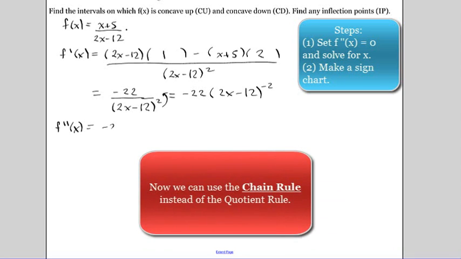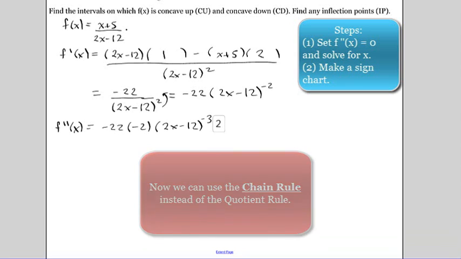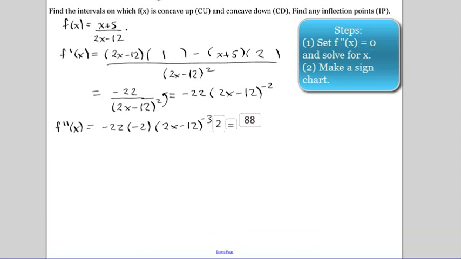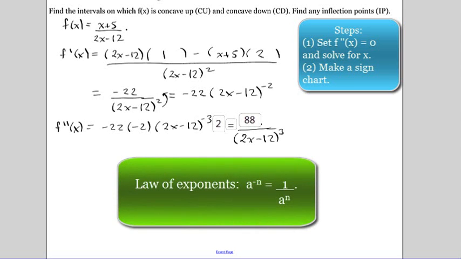So now the derivative is a lot easier to compute. I'll just simplify this. Now again, I'm going to write this 2x minus 12 to the negative 3 in the denominator.